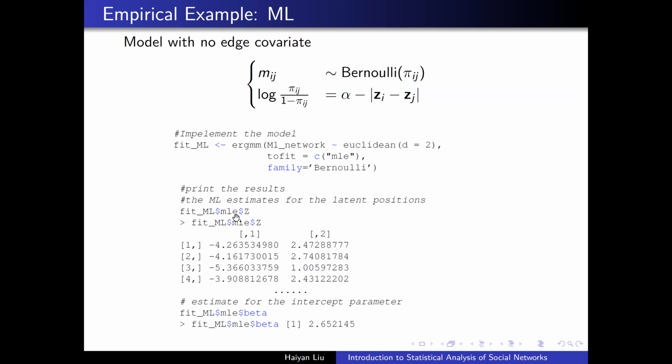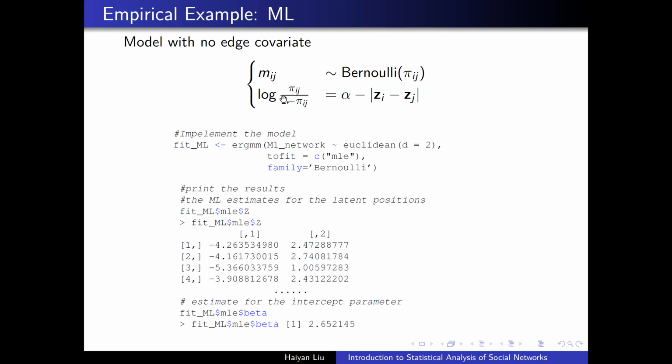Then we could extract the position estimate, right? Because when d equals 2, each position has 2 components. The first component is the score along the x-axis. The second component is the score along the y-axis. So each actor will have 2 scores for the latent positions.